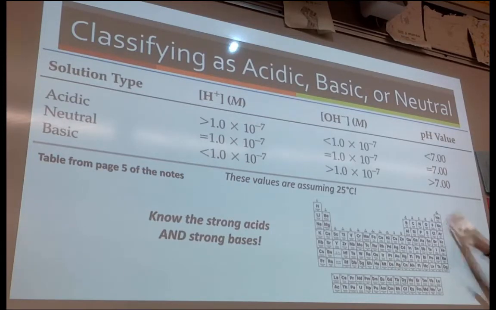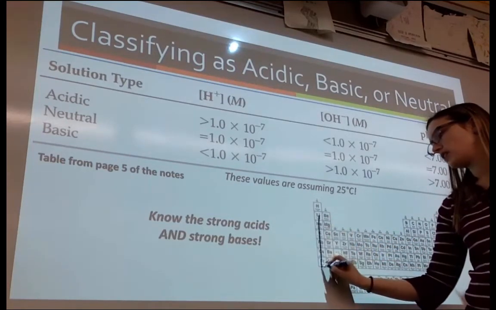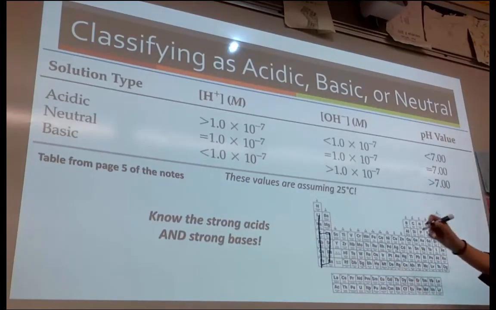Now, again, know your 7 strong acids, know your strong bases. I wanted to put this on. I know some people were drawing this on their periodic table yesterday. So remember, anything lithium down and then calcium down makes that lowercase b on the periodic table.